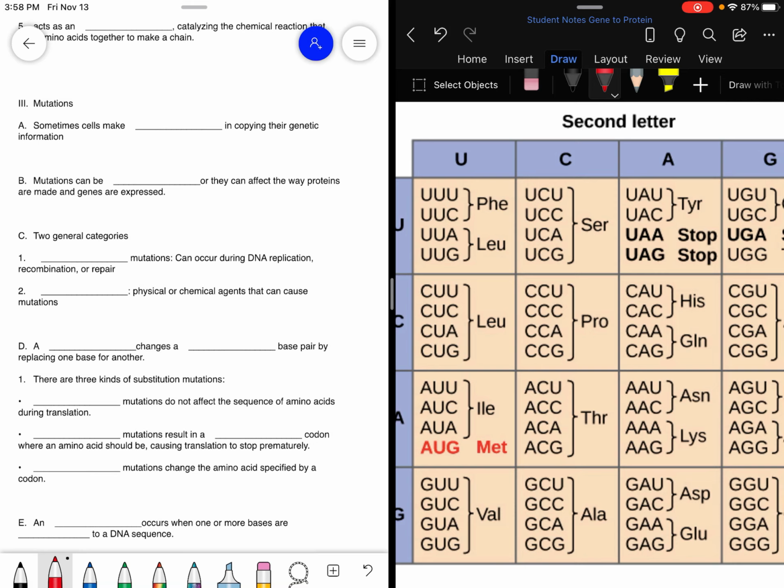So you've got the trucks, but they might all be going for the same amino acid. Like ILE, isoleucine, is this one down here, and it actually has 3 different codes that will code for isoleucine. I don't remember what THR is, but it has 4 different codons that will code for that one. So it's not always a 1-to-1 ratio.